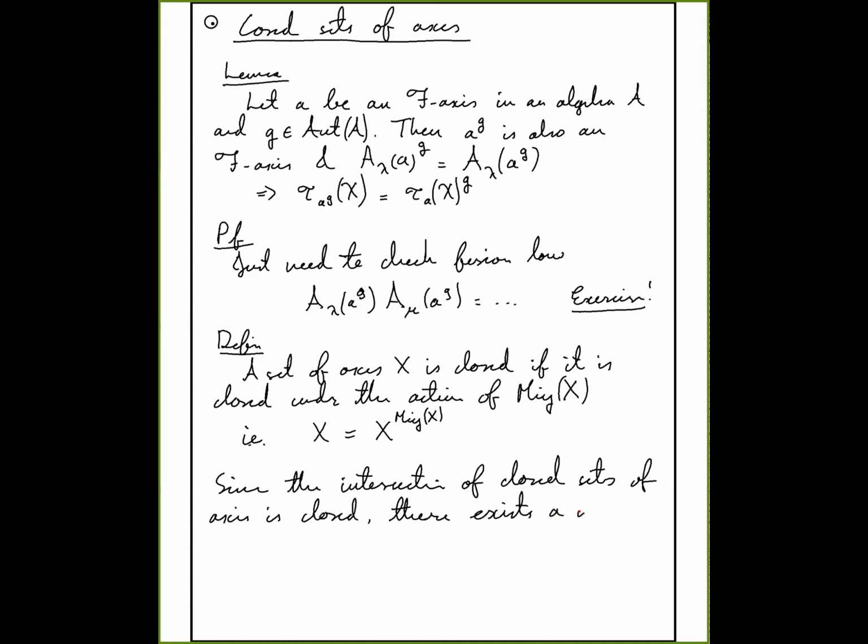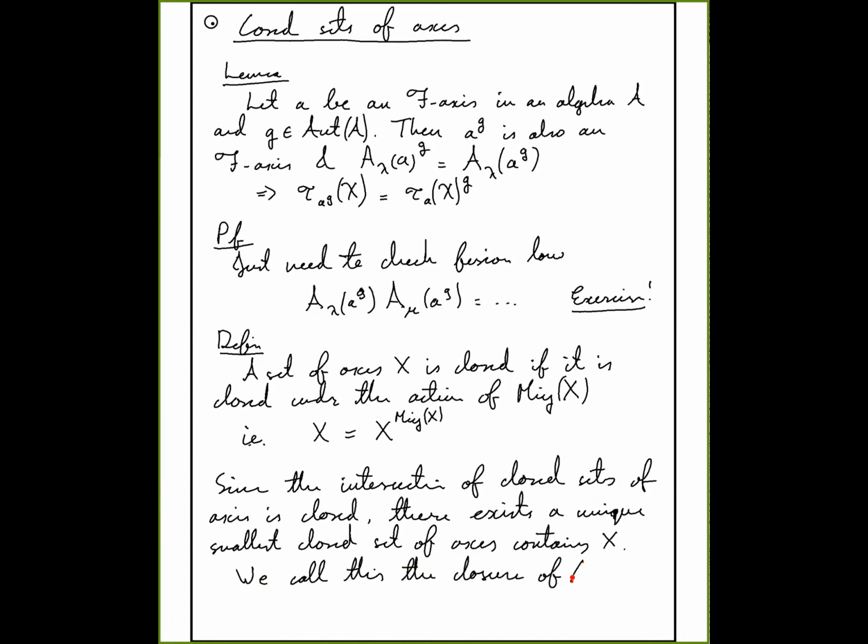there exists a unique smallest closed set of axes containing X. We call this the closure of X, and I'm going to write this as X bar.